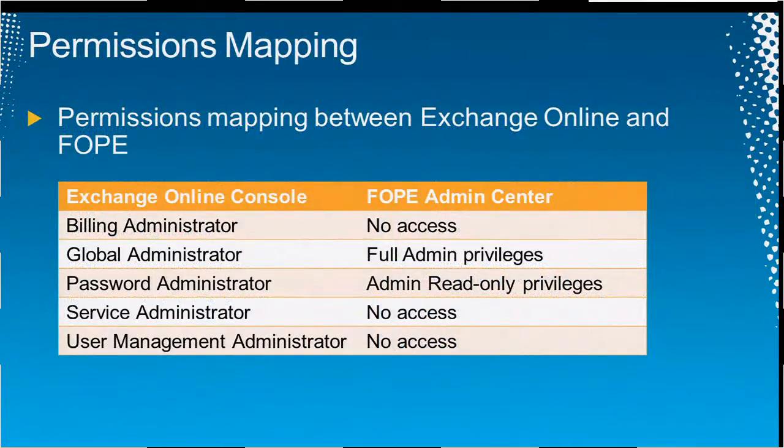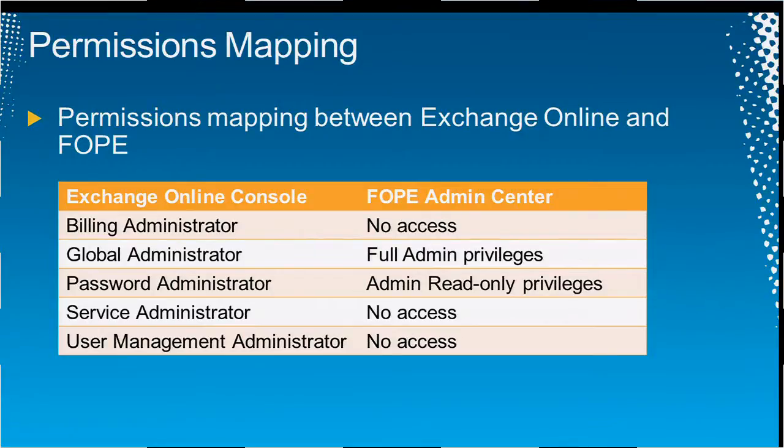Now the permission mapping. This is important because when you're setting up the system as an admin, there could be many kinds of admin roles for Exchange Control Panel, but not all of them apply to FOPI Admin Center. For example, there is no role for a billing administrator in FOPI Admin Center. All that is required is a global administrator or a password administrator, somebody who wants to perform mail hygiene related settings.